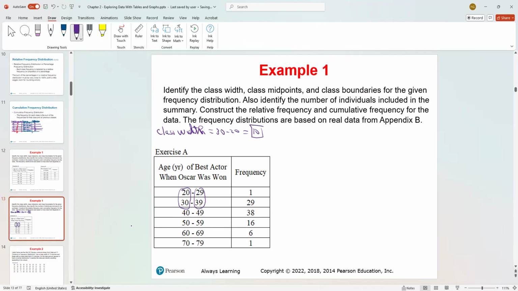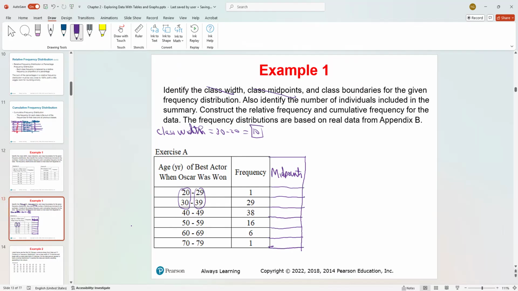Now, our next question, because we can say done, we identified the class width. Next is the midpoint. I'm just going to add this colon right there. Everything I need, I'm just going to add to make it faster, okay?